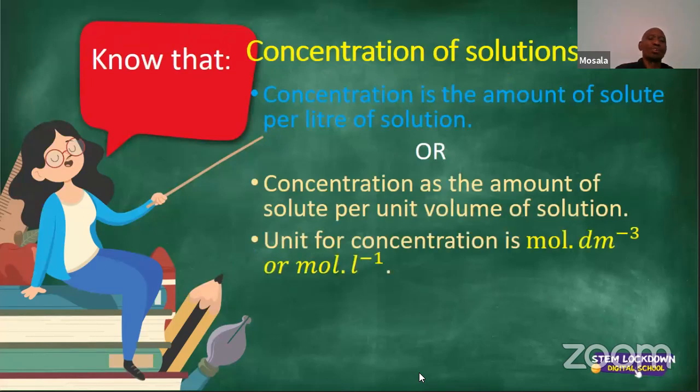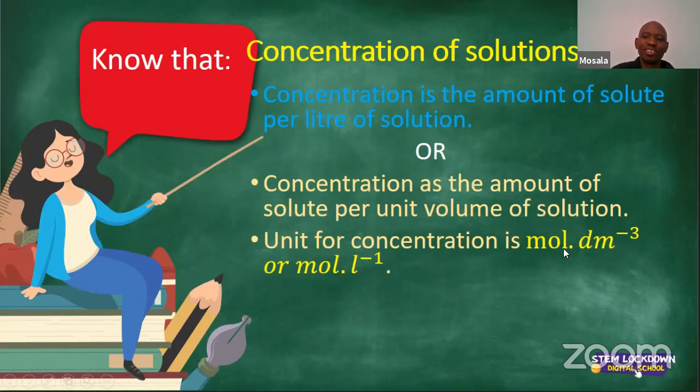Normally we use mole per cubic decimeter as the unit for concentration. So for the purpose of this class, we will be using the unit of concentration as mole per cubic decimeter. But this mole per cubic decimeter is equivalent to mole per liter, so some other texts might use mole per liter.